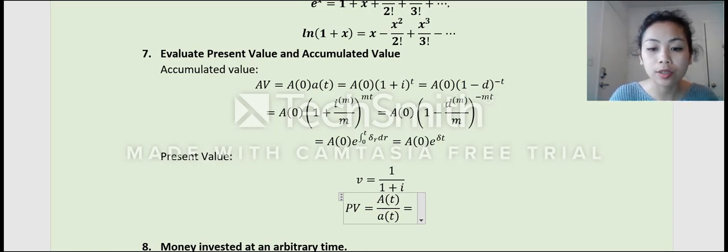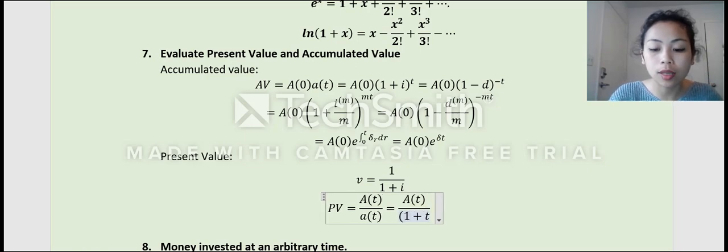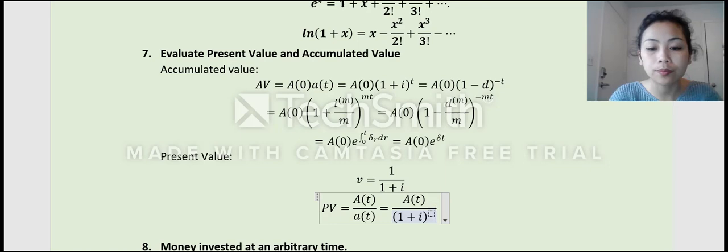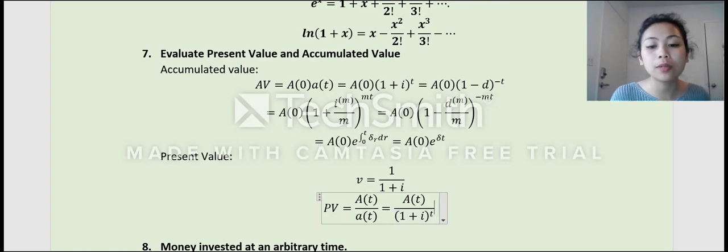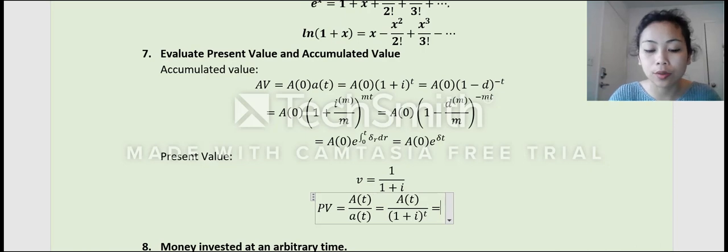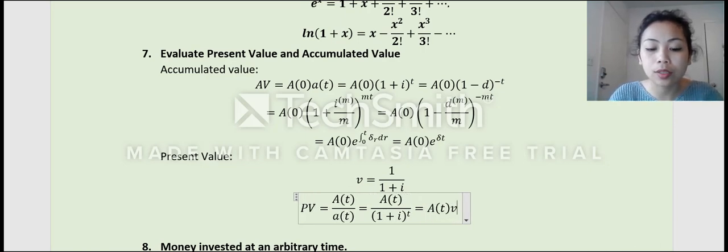effective rate of interest, that becomes A(t) over (1 plus i) to the t. And because 1 over 1 plus i is v, this is equal to A(t) times v to the t.